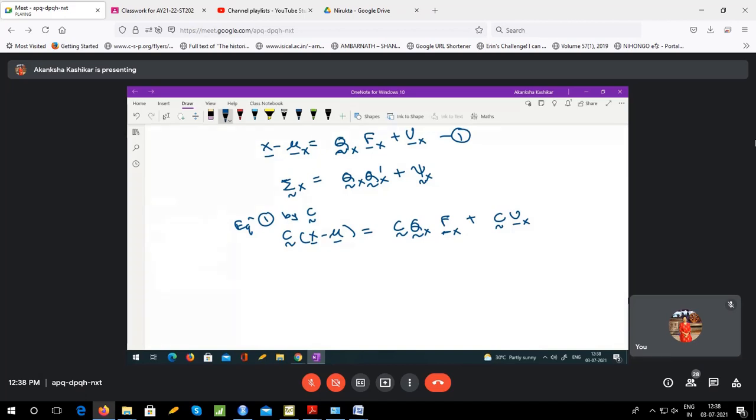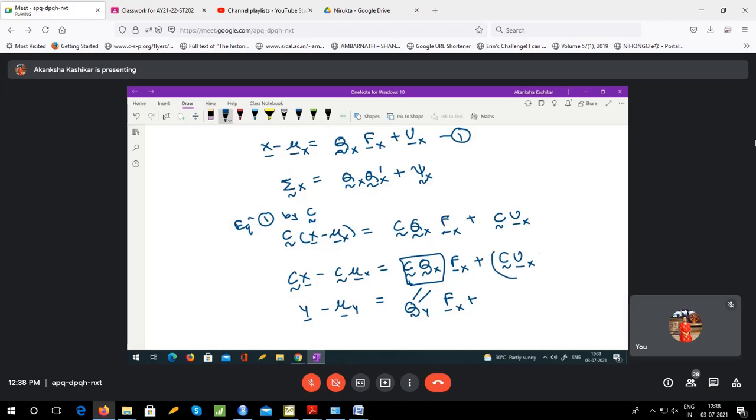So what does this mean? This would become Cx minus C mu is equal to C Qx fx plus C ux, and now my Cx is y, C mu is mu y. So can I possibly call this Qy as C Qx? fx remains as it is, and can I possibly call this uy?